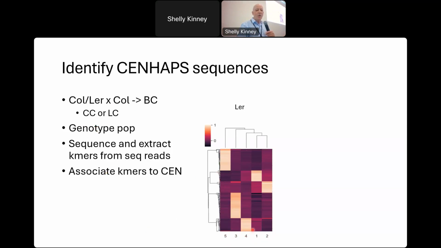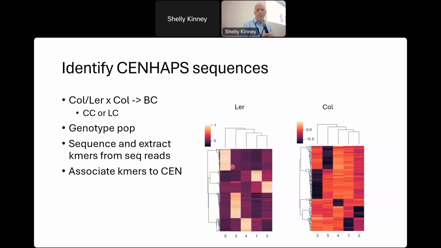That tells me that in Landsberg erecta we have sets of repeats that are unique to chromosome 4, unique to chromosome 3, and so on and so forth. So this is a simple, rapid way of extracting centromeric repeats. And we can do it for Col, of course, in the same cross.